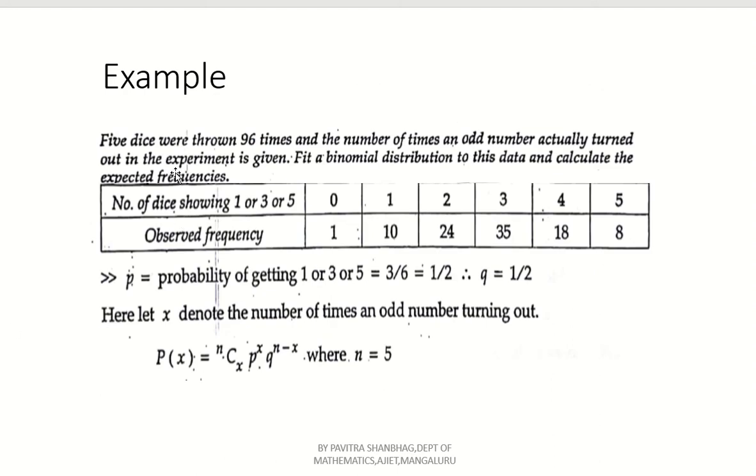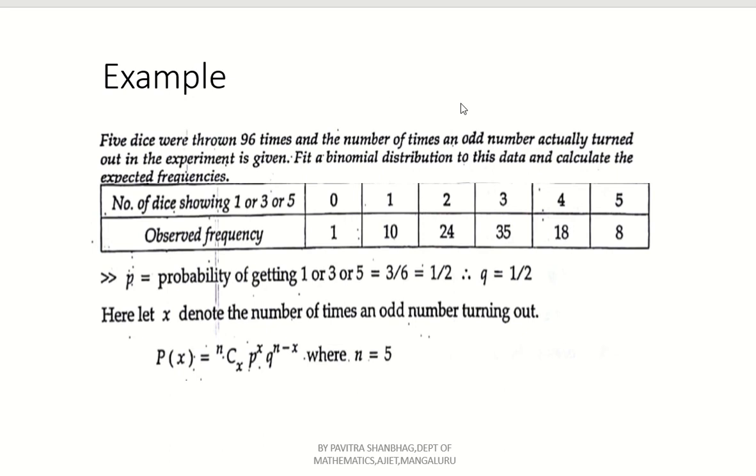Say 5 dice were thrown 96 times and the number of times an odd number actually turned out in the experiment is given. Fit a binomial distribution to this data and calculate the expected frequencies. Now the number of dice showing 1 or 3 or 5, because here we have to mention what they have given already in the table.